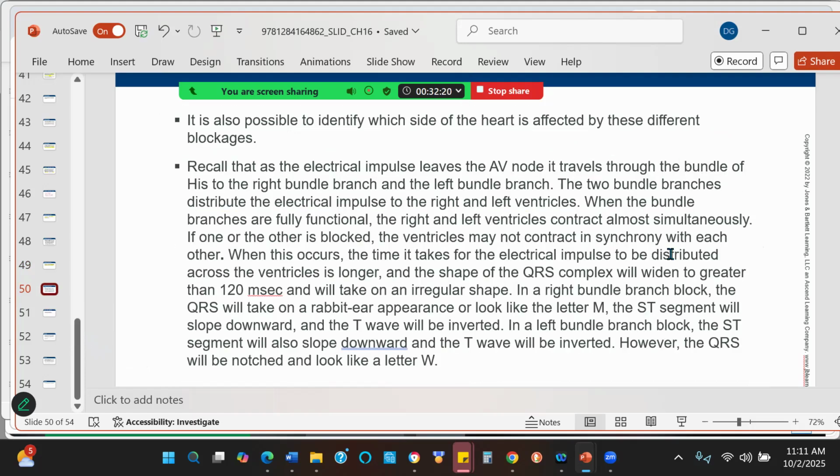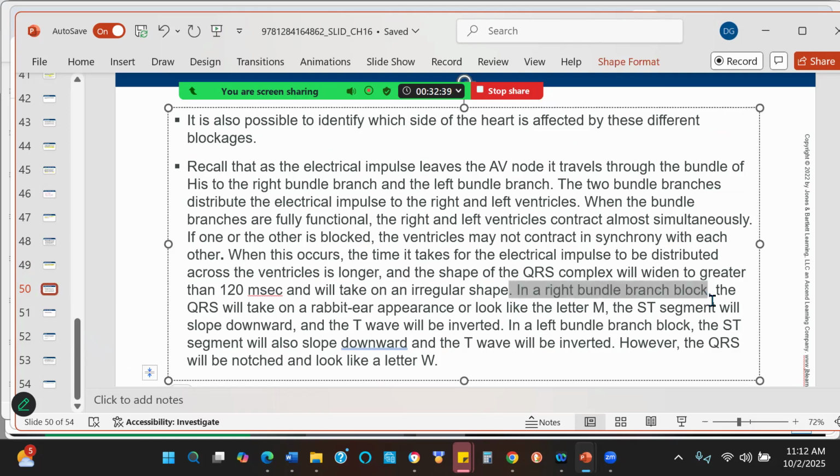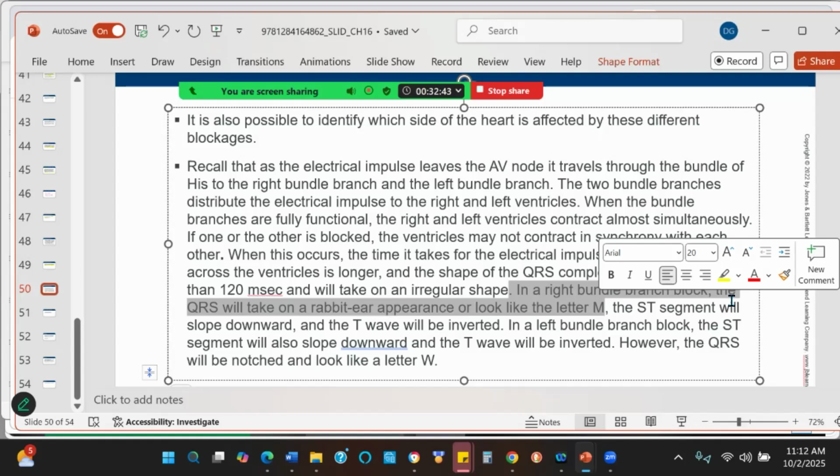Okay, so there are all these different problems that can happen in the heart. It all starts with PQRST. PQRST. Then the contraction is considered a sinus rhythm. Now, there may be a delay in the bundle branches that gives us a rabbit ear or letter M type appearance.